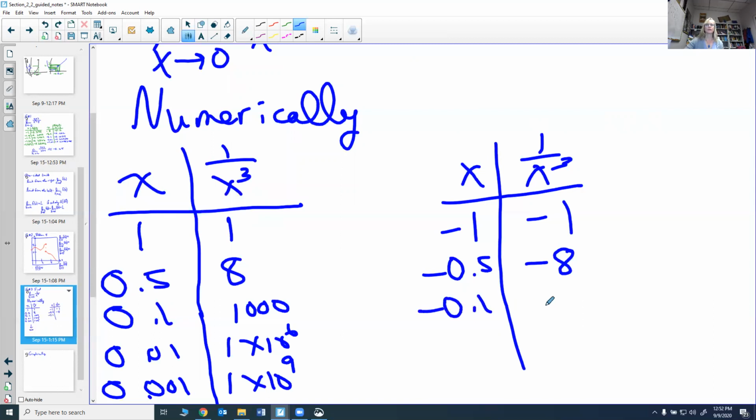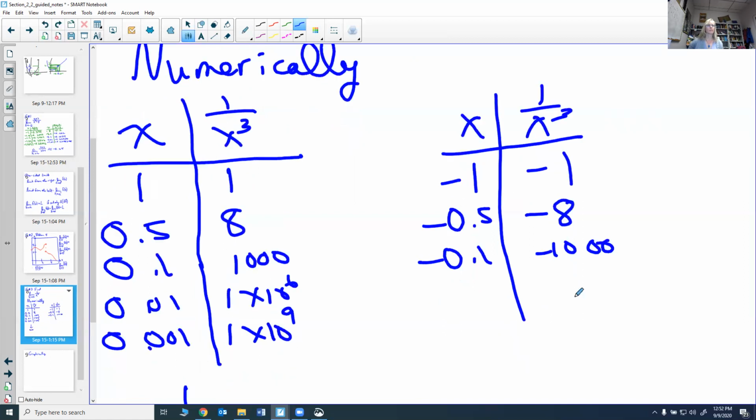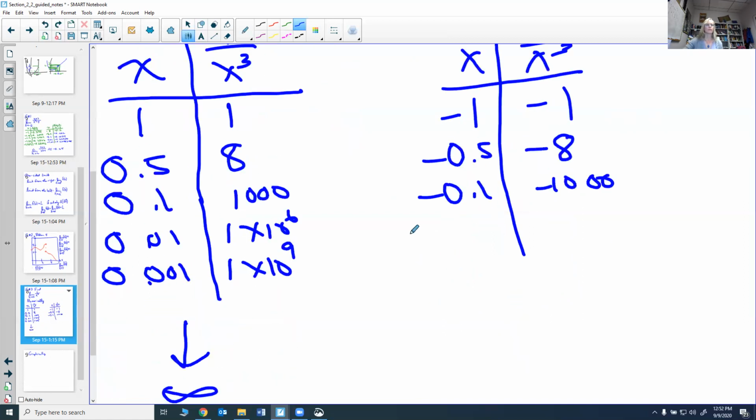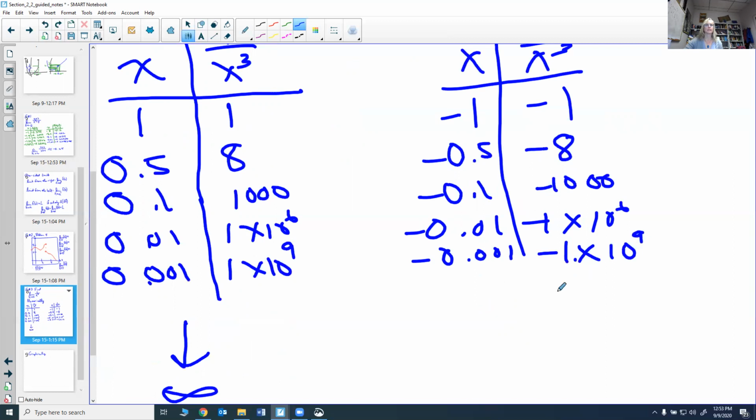Negative 0.1 gives me -1,000. Negative 0.01, even closer, gets -1 times 10 to the 6th. And negative 0.001 gets you -1 times 10 to the 9th.